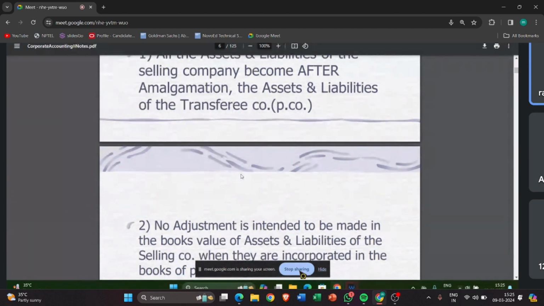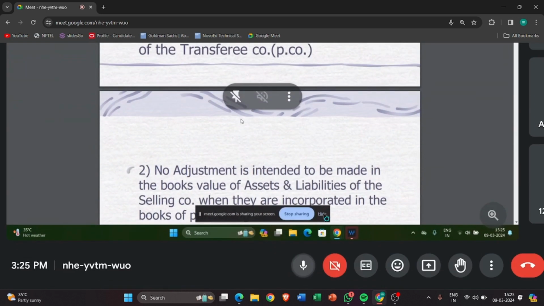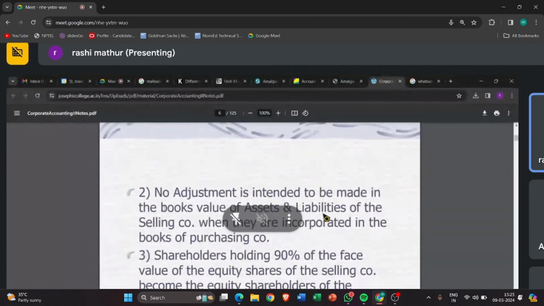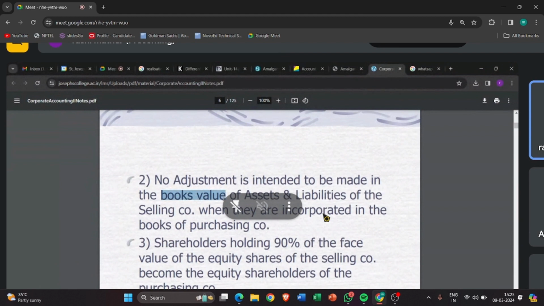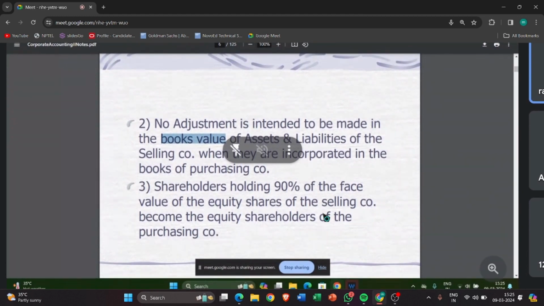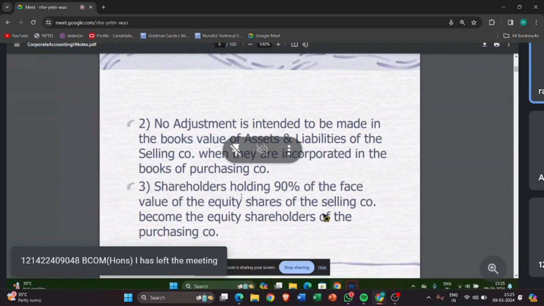The first two conditions. These are the major ones which you will have to check in the sum. All the assets have to be taken over. The moment he says any exception is there, it is not a merger. And if he says they are taken over at new values, gives any revalued values, immediately it means it is not a merger, but it is a purchase itself.